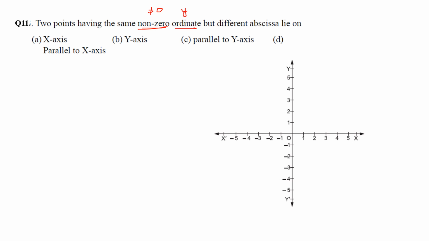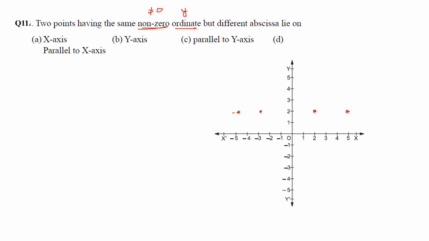Okay, so let's take first I am taking abscissa as 5 and I am fixing my y coordinate as 2. So this will be my point. Next I am changing the abscissa. I am taking abscissa as 2 but ordinate I have to keep same. Next I am taking abscissa as minus 3 but ordinate I have to keep same. So it is 2. Next minus 5 and 2.